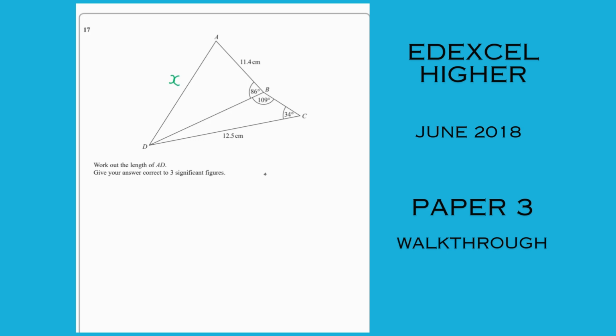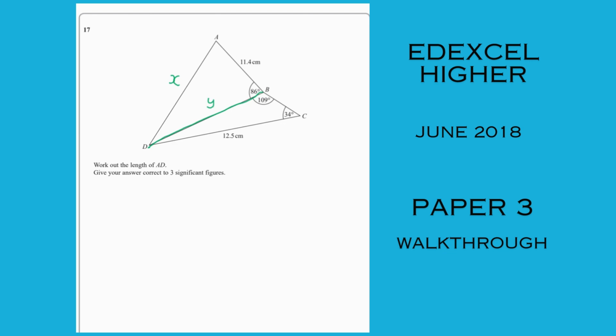So in order to get X, I'm going to need to know something else on this top triangle here. And the only thing they've got in common is BD. So we're going to need to work out BD. Now, if we only look at triangle B to C to D, you'll notice we have the 109 opposite the 12.5.